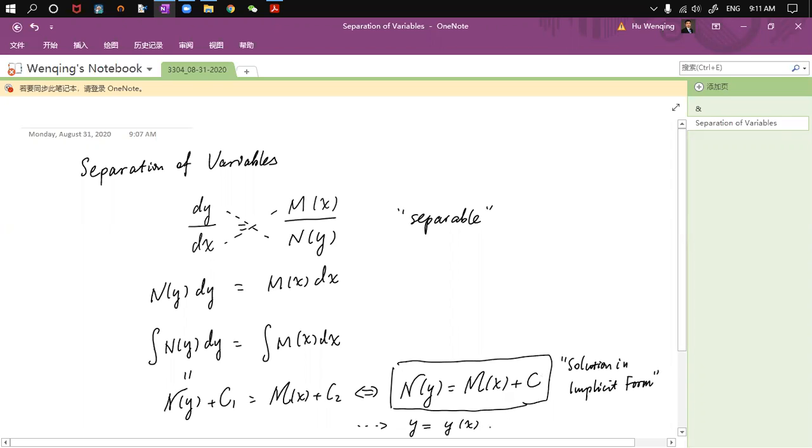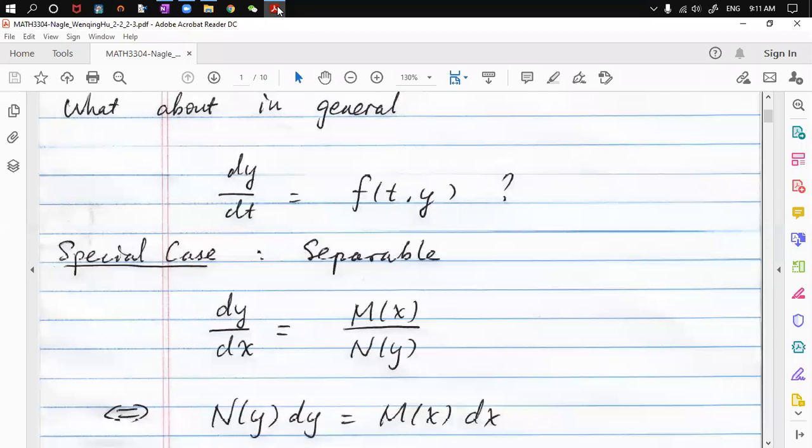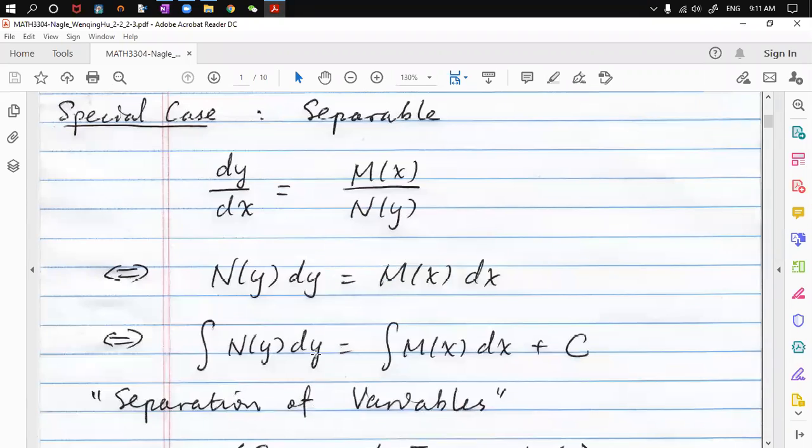That is a solution in explicit form. So solutions can be implicit or explicit, depending on how you represent them. This is a pretty abstract way to talk about separation of variables.